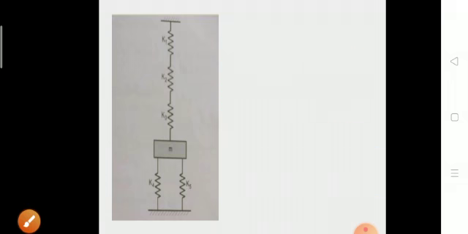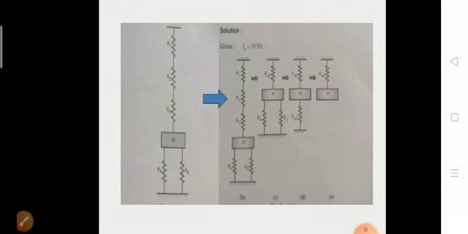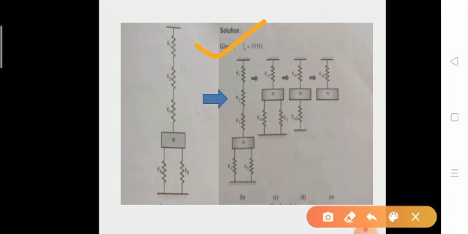In this way you have to solve this kind of problem. Next, this is the solution for the problem. K1, K2, K3 are in series, so we get K1. K4 and K5 are in parallel, so we get K2. And K1 and K2 are in parallel with each other, so we get K3 as the final answer. That is in figure number E.